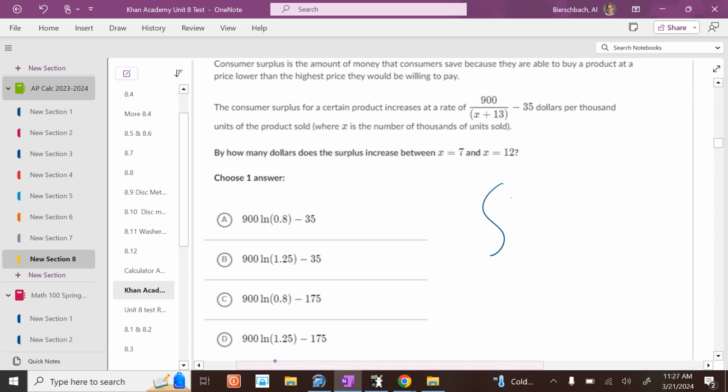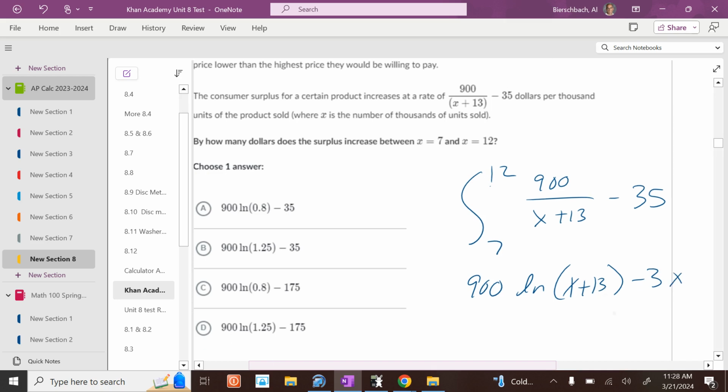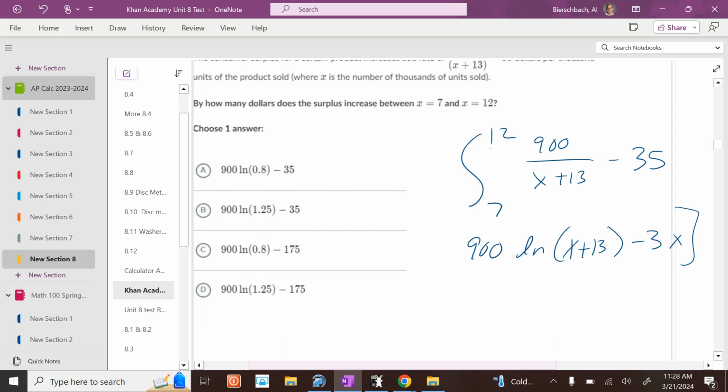So if we integrate it from 7 to 12 of 900 over x plus 13 minus 35, then if we integrate that, it would be 900 times the natural log of x plus 13 minus 35x. And then you're going from 12 to 7.